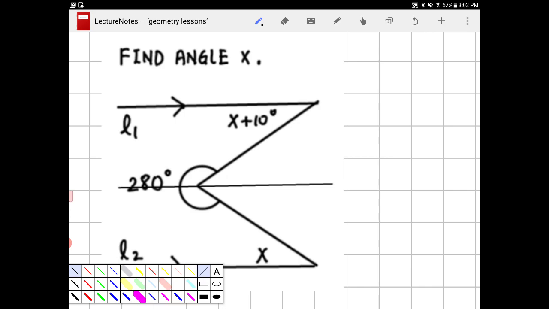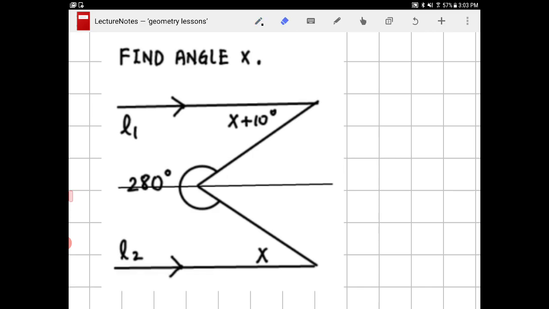I'm drawing a line such that this line is going to be parallel to both of the existing lines in the problem. Have I changed anything in the original problem? Not really. I've just augmented it. I've put in something else that's not a part of the problem. However, this is to serve to my advantage.